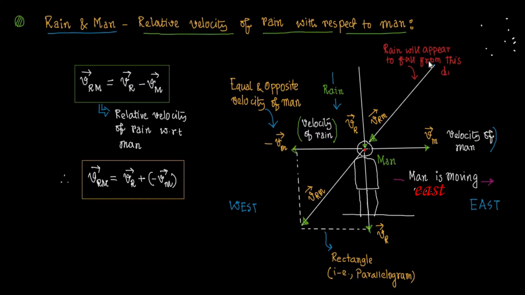Rain will appear to fall from this direction with the relative velocity Vrm at an angle phi subtended by the vertical direction. Phi is the angle subtended by Vrm with the vertical direction.